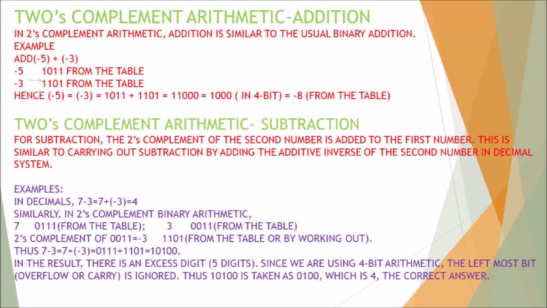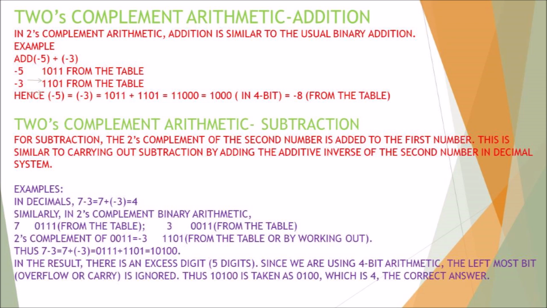7 minus 3 means 7 plus minus 3. So we have to inverse the second number. We have to find the 2's complement of the second number and add it to the first number. The direct binary value for 7 is 0111, and for 3 it is 0011.